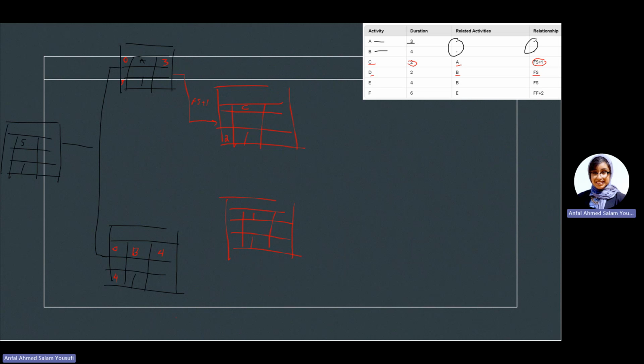That is my D. And the duration for this one is 2 days. And it says it is finish to start, meaning I'm supposed to finish B and start activity D. Then we have E. E, the related activity is B again, meaning I'm supposed to have E somewhere in here.